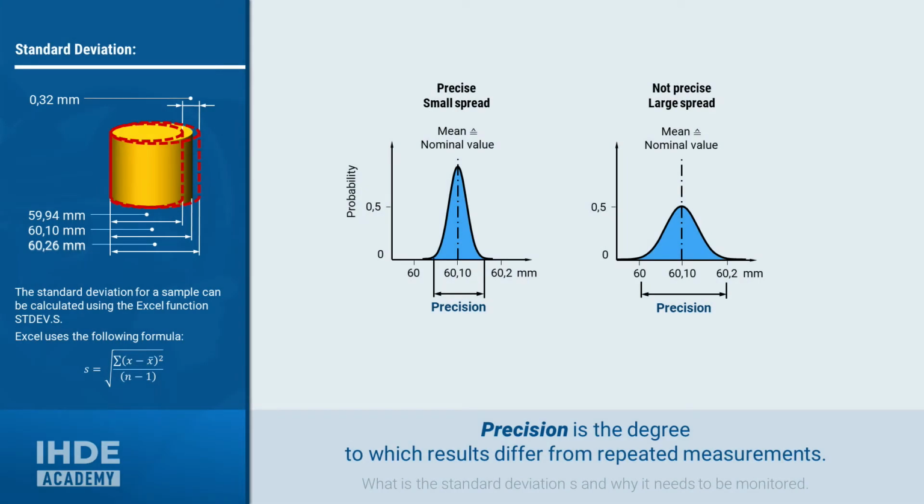To describe the precision, one can, for example, determine the standard deviation of a process result. This can be calculated, for example, with the MS Excel function stdev.s. A small standard deviation corresponds to a small spread of the values, and a large standard deviation corresponds to a large spread of the values.